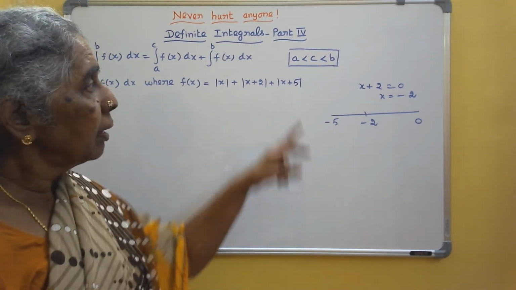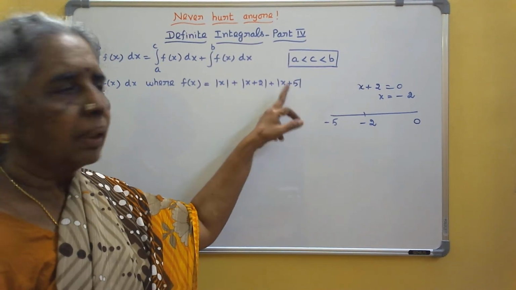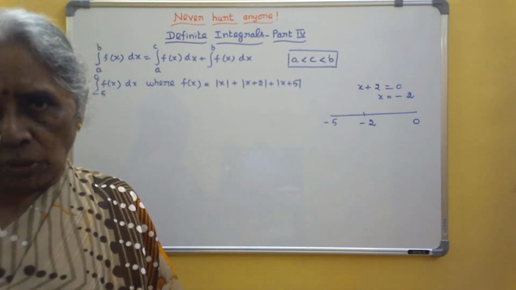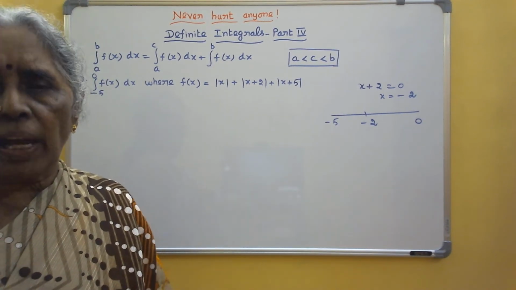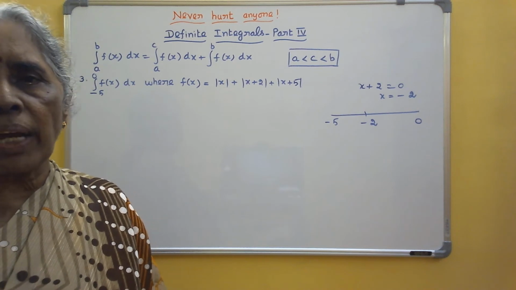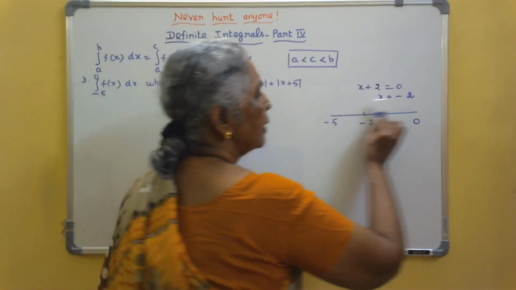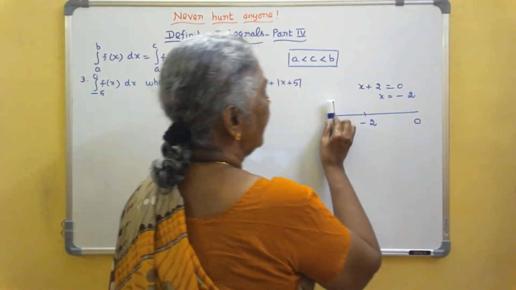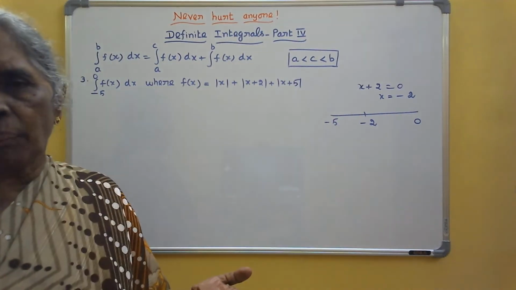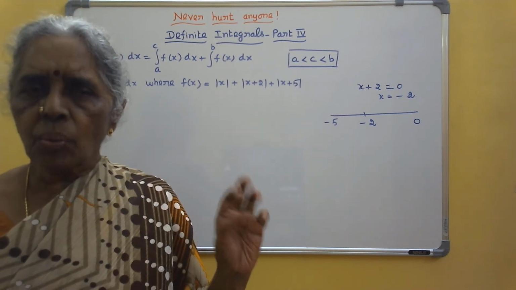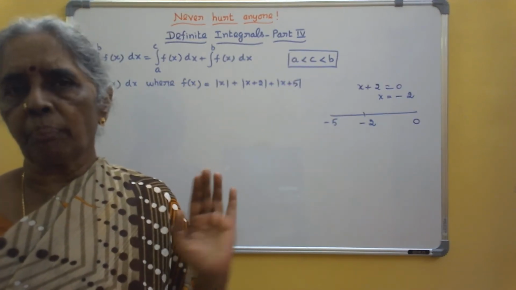Okay? Coming to the third one, mod x plus 5 will be equal to x plus 5 when x is greater than or equal to minus 5. That means everywhere. It will never be lesser because you don't have anything less than minus 5. Okay? So these things you should have in your mind.